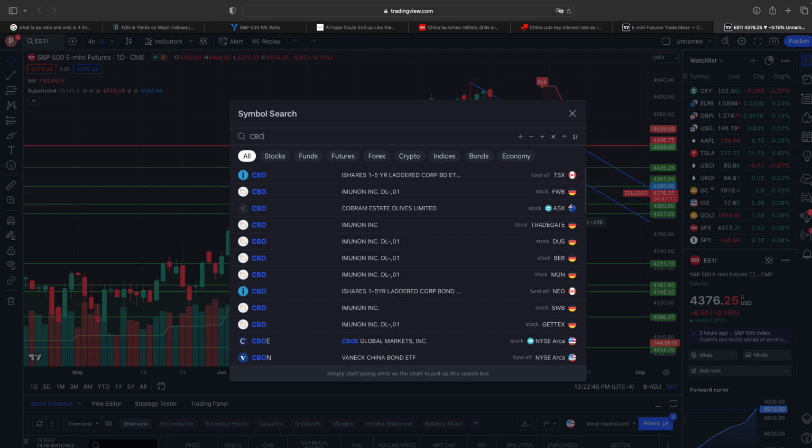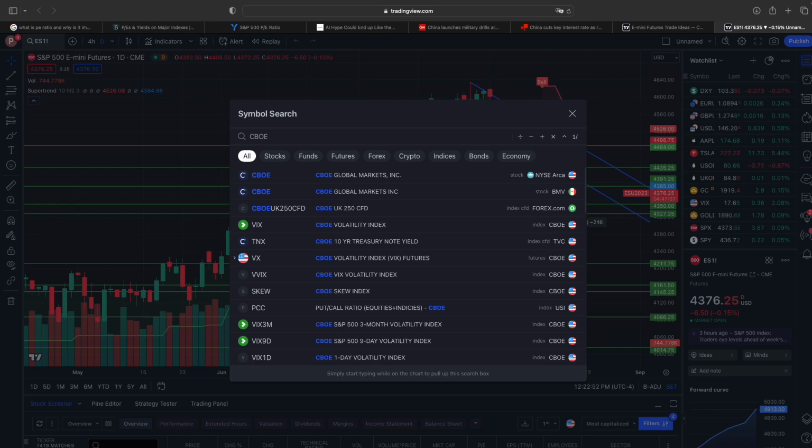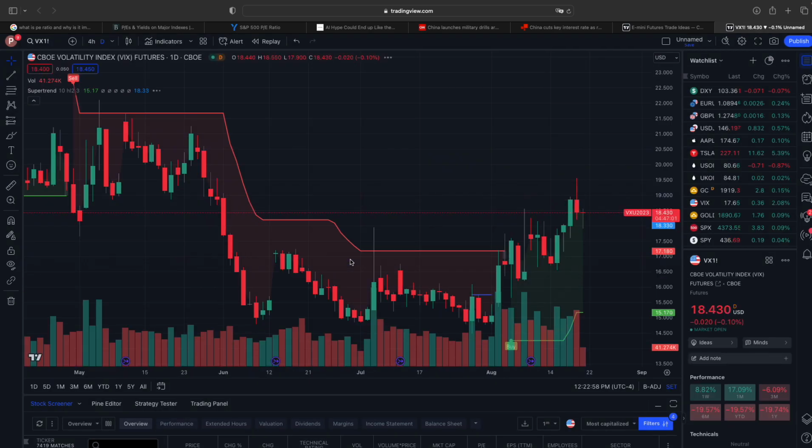CBOE. Yeah, CBOE. Here we go. CBOE volatility index. So it's still above my 17. My level was 17.75. We're still above that. We're trying to hold on here.